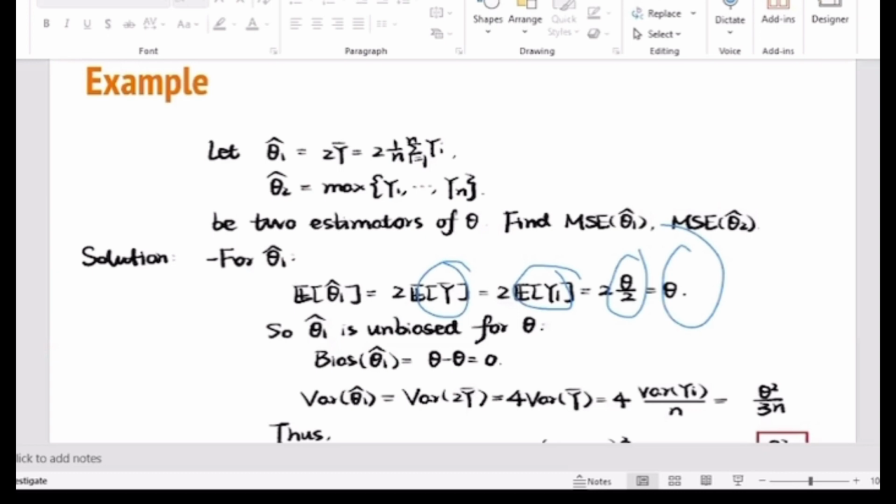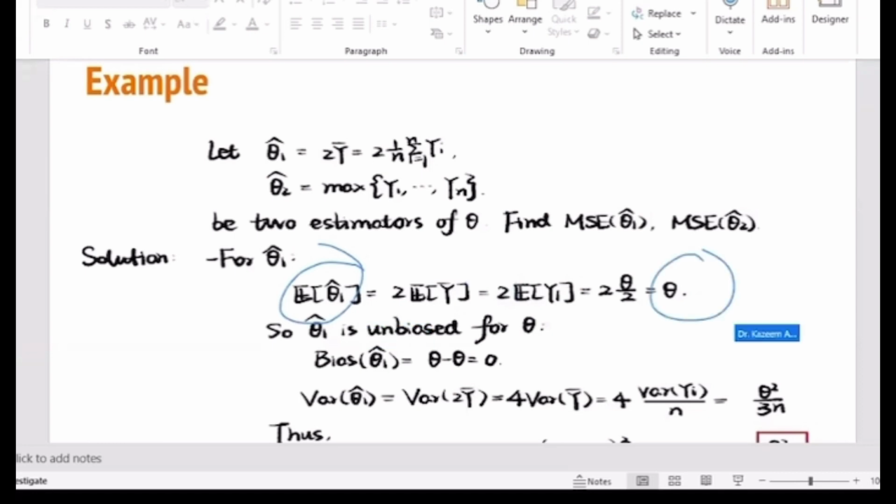Any question? This shows that theta cap 1 is unbiased because the difference between this and theta is 0. That guy gives us theta, so theta minus theta will be 0.